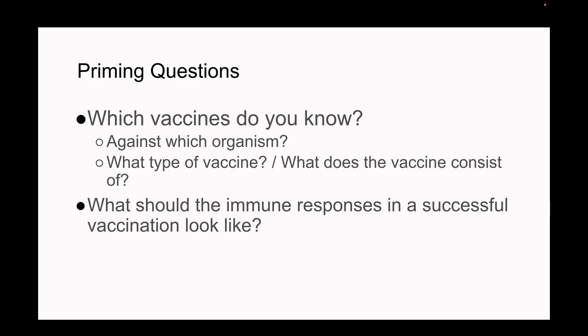Maybe you never had a course on this, but you can think about which vaccines you have received in your life and against which organisms they are. And then think about what type of vaccine they are. What does the vaccine consist of? Again, this is something that you may not have learned before, but just try to warm up your brain a bit. What may be in there? What do you think is in there?